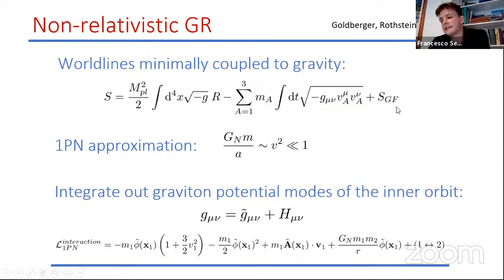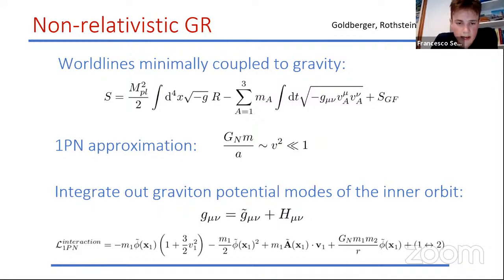And well, since there is this rich matter content, we cannot hope to solve this exactly. So it's very useful to consider the so-called post-Newtonian approximation, in which we assume that all of the deviations from Newtonian gravity are very small. And in this assumption, we can integrate out the modes of the gravitational field that give rise to the potential that binds the inner binary.